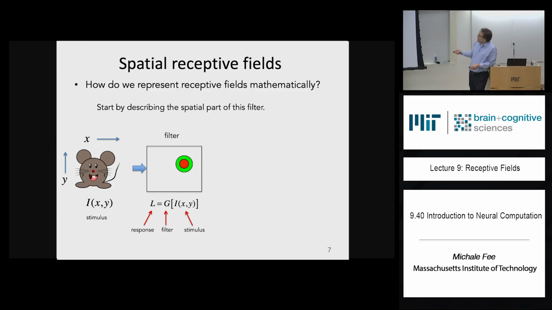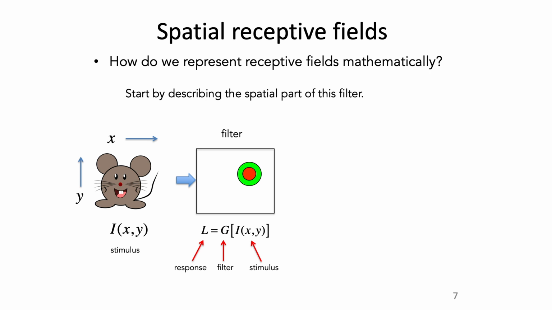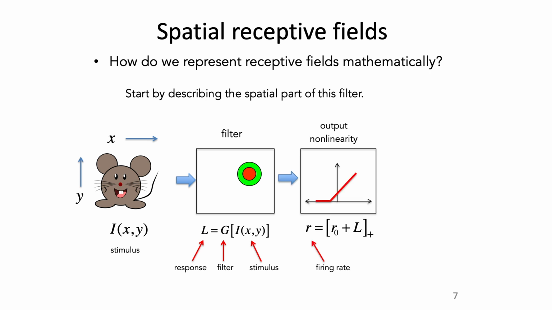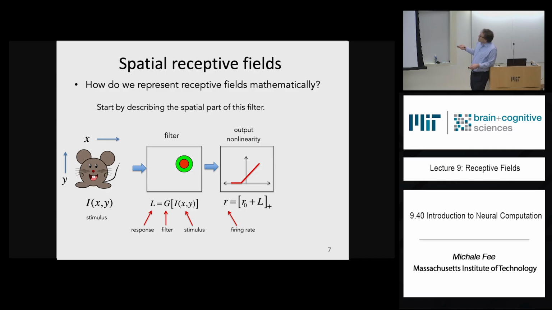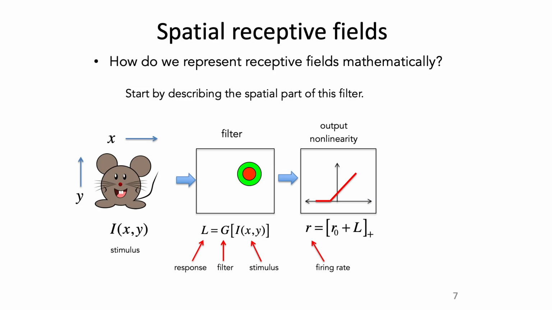This filter, in this case, just looks like an excitatory surround and an inhibitory center. That filter has an output, L, which is the response of the filter. Then we have some nonlinearity.